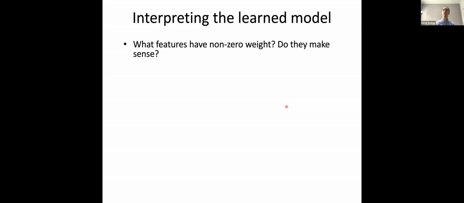For example, we might easily detect label leakage by recognizing that some weight, which really doesn't make sense, is much more highly weighted. This type of introspection, by looking at which features have non-zero weight, is much easier to do with L1 regularization as opposed to L2 regularization, because there are many fewer features with non-zero weight, and you can just look at all of them.